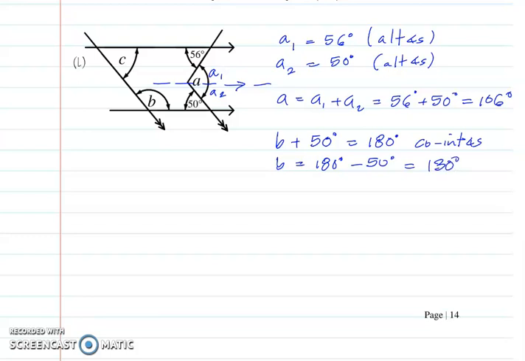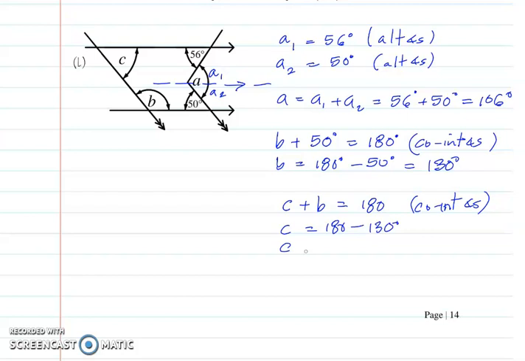And lastly, C plus B is also equal to 180. They are co-interior angles as well. B is 130, so C would be equal to 180 minus 130.